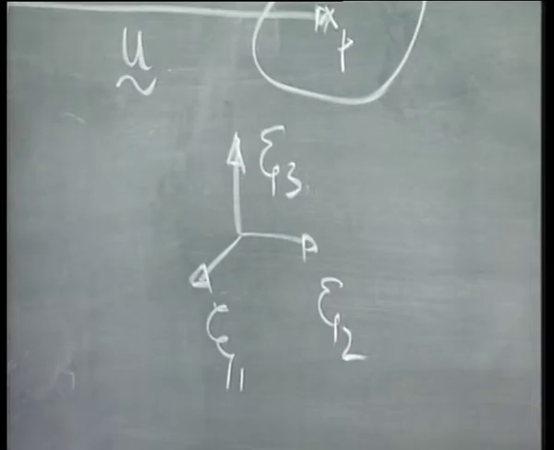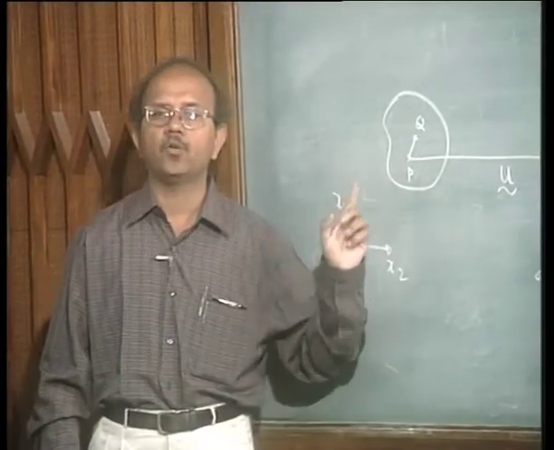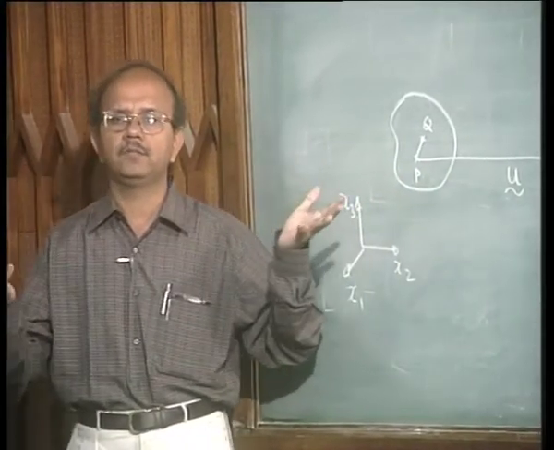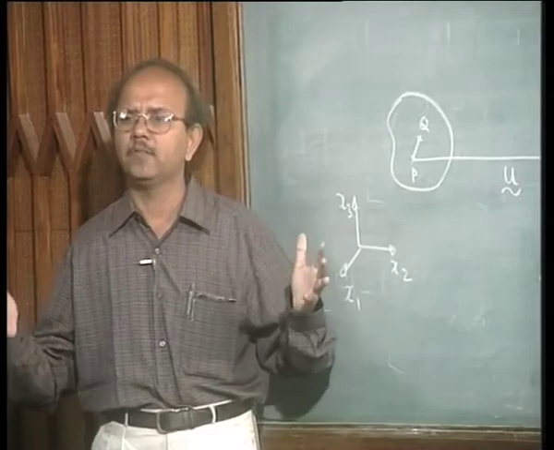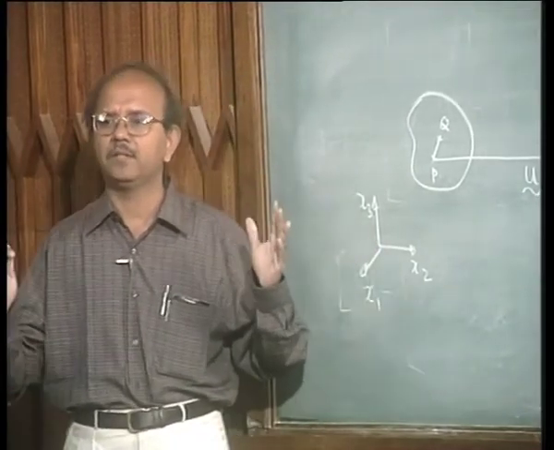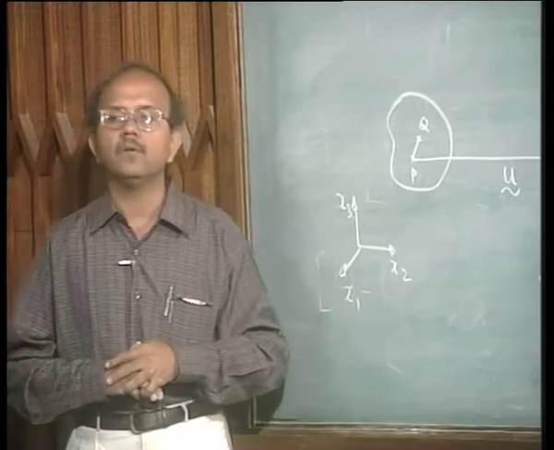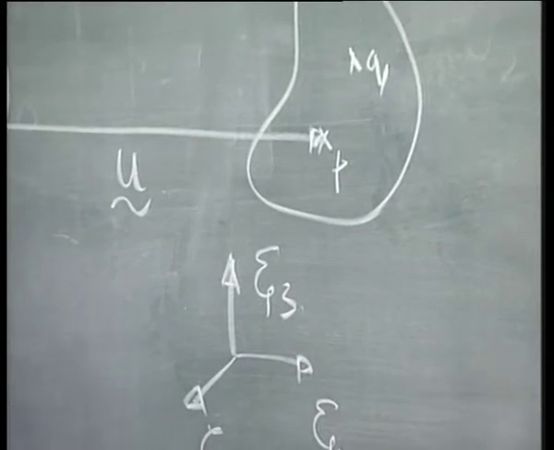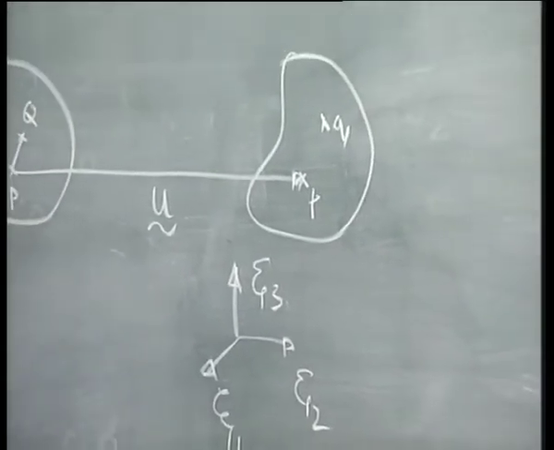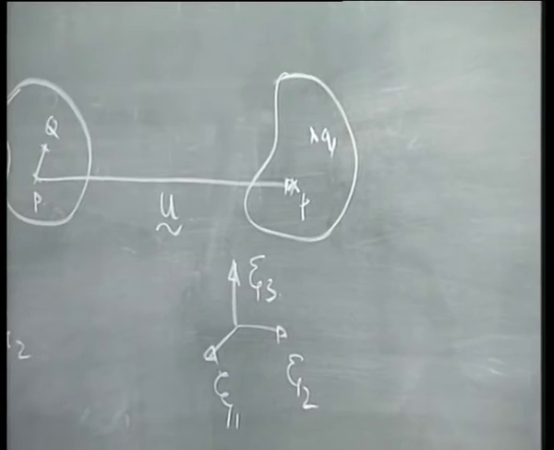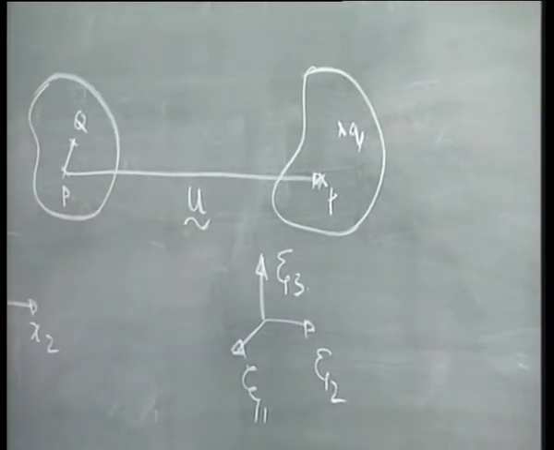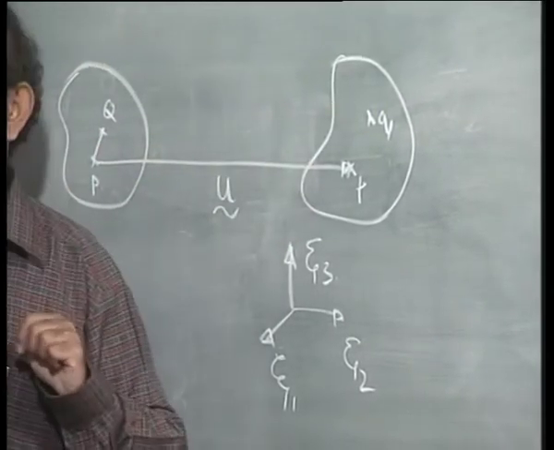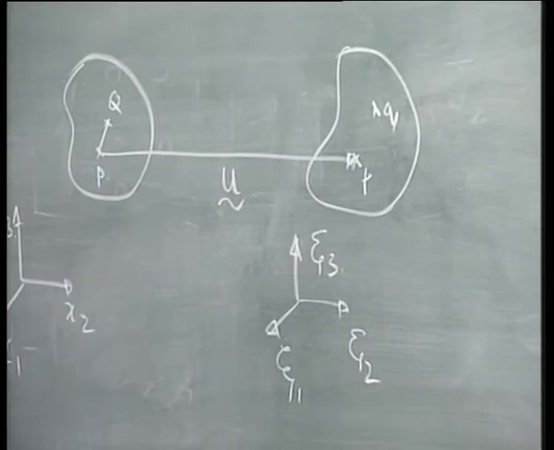It means that this P, which has a coordinate, say x1, x2 and x3, now after application of loads, boundary condition, whatever it is, okay, at the end when the body reaches, say, equilibrium, has a coordinate which is given by psi1, psi2 and psi3. Is that clear? They can be related by a vector, say u, and Q and the small q can be related by another vector, say u plus du.